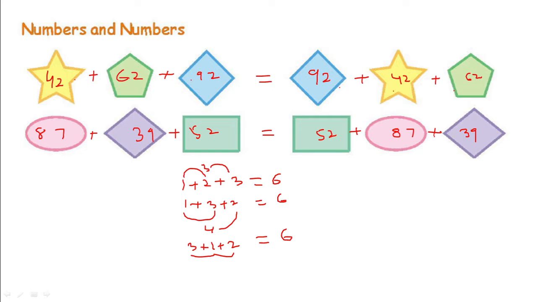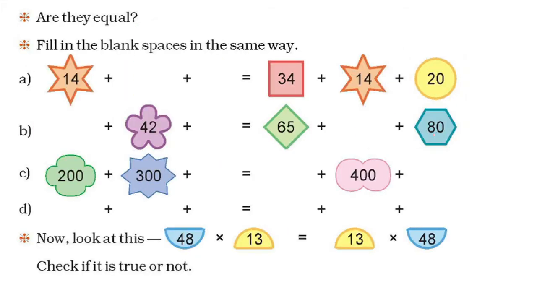So this is a property of sum, that the sum doesn't change when we change the sequence or order of the numbers in case of addition. Okay, now are they equal?